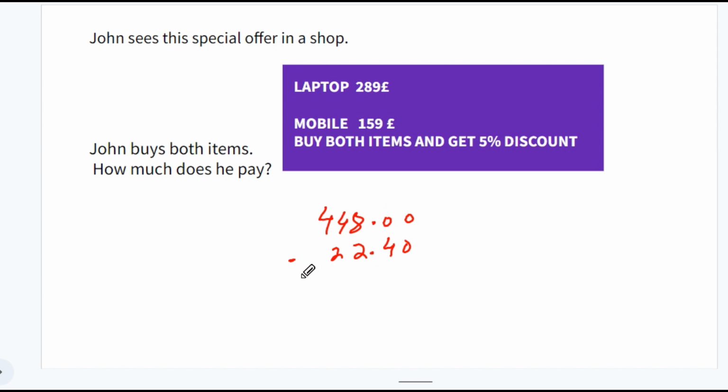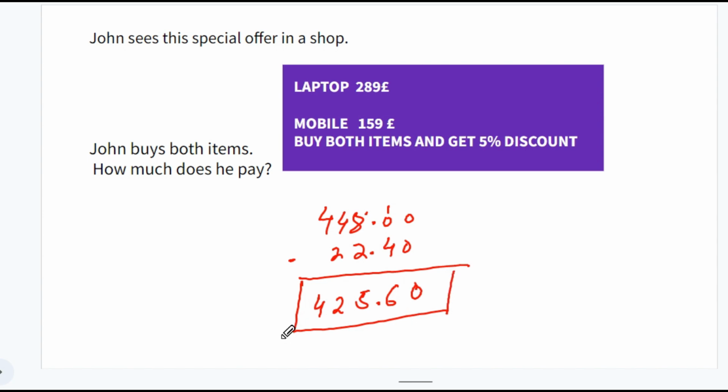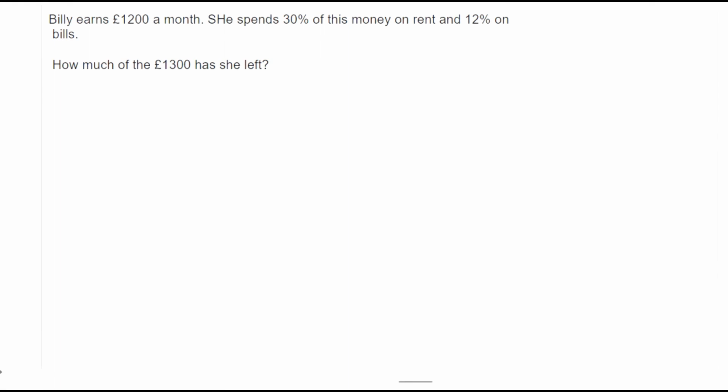And you know how to take away decimal numbers. So here 0 minus 0 is 0, and 10 minus 4 is 6, 7 minus 2 is 5, and 4 minus 2 is 2, and 4. So now this is the total cost he has to pay: 425.60, right?